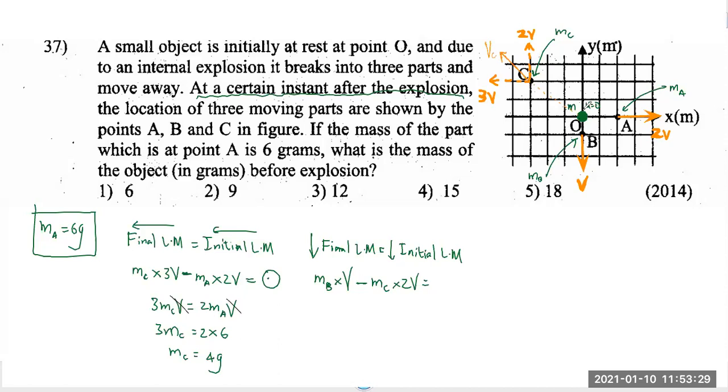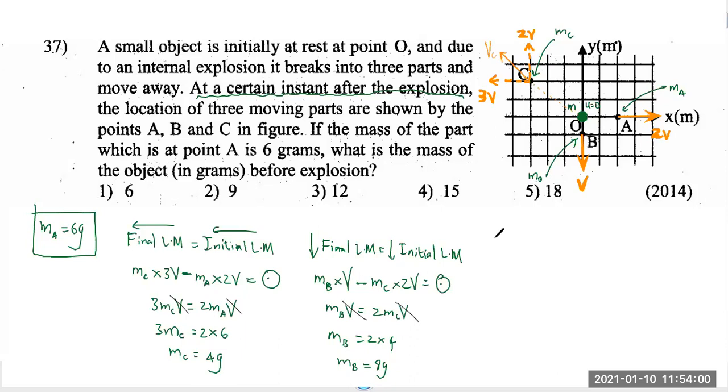And initial linear momentum, you have to go back to the big green dot, 0. The object was not moving initially. Therefore, MBV is equal to 2MCV, and just like in the previous case, V can be cancelled out. Therefore, MB is actually 2MC. 2 into MC is 4. Therefore, MB is equal to 8 grams.